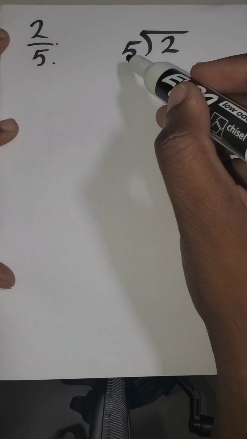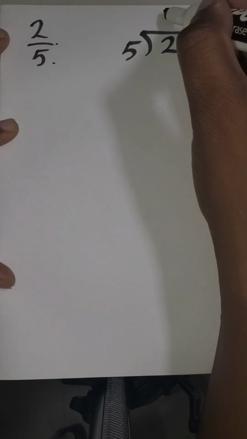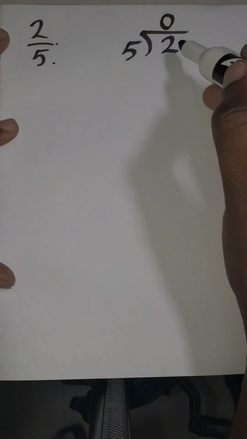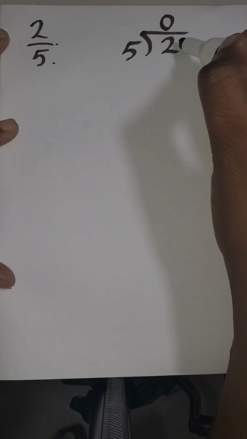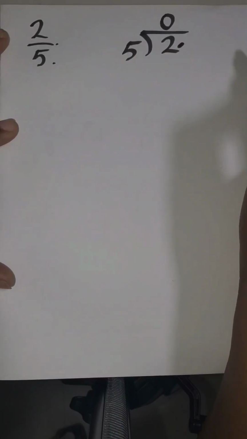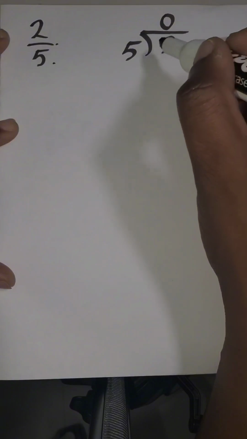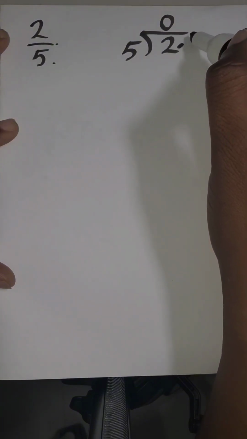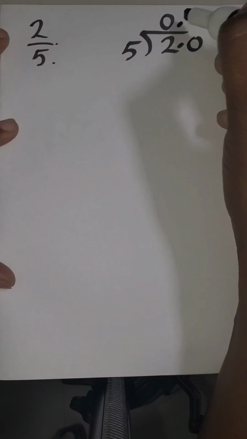Now I'm going to say, how many times can 5 go into 2? 5 goes into 2 0 times. Whenever I have a normal number, there's a point at the back, and I can continue to add zeros forever. So I can add a 0, and I put the point directly on top.